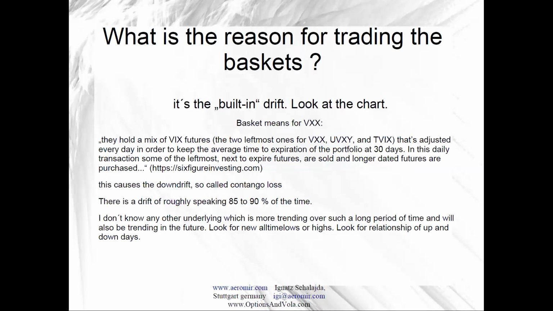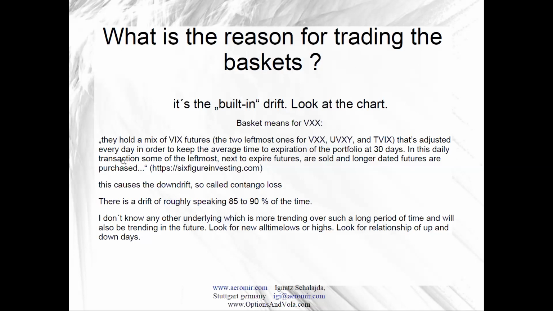So what is the reason for trading the basket? As I said before, it's the built-in drift. So look at the chart. Basket means, for VXX, this is from sixfigureinvesting.com, where you can read it: they hold a mix of VIX futures, the two leftmost ones for VXX, UVXY, and TVIX. That's adjusted every day in order to keep the average time to expiration of the portfolio at 30 days.